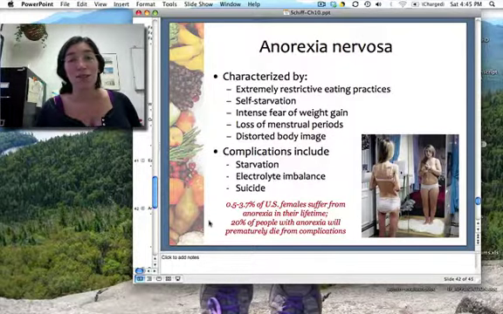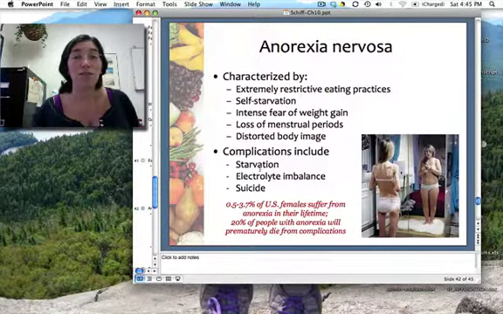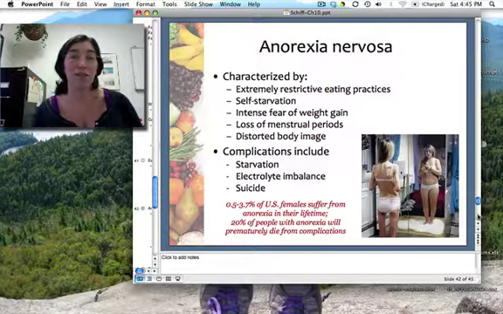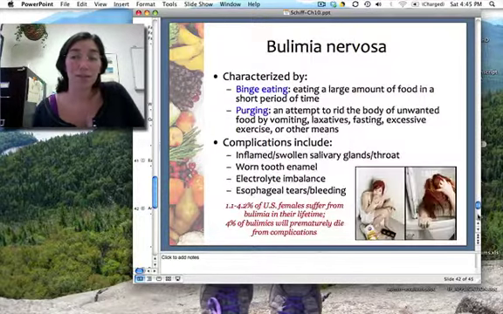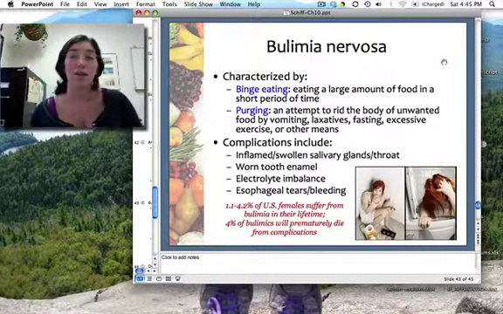But it's a very serious health condition, and the statistics are really anywhere from 4% to 20% of people with anorexia prematurely die from complications of the disease, whether it be starvation, something that's actually an effect of the starvation process, or from suicide. But it definitely can be very deadly and very serious.